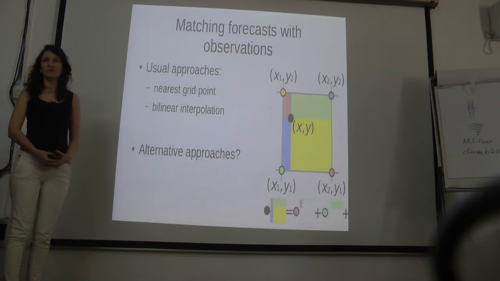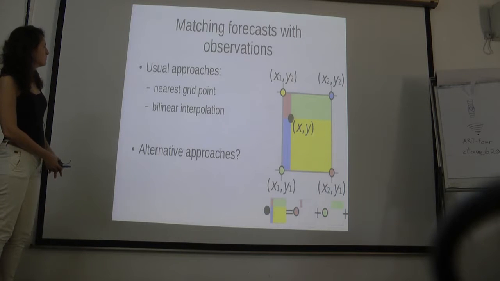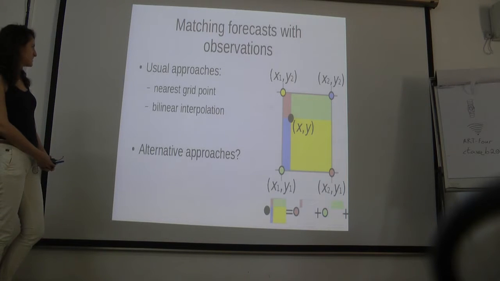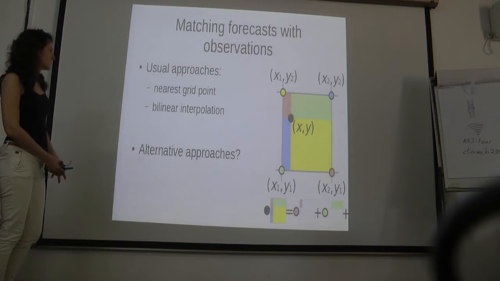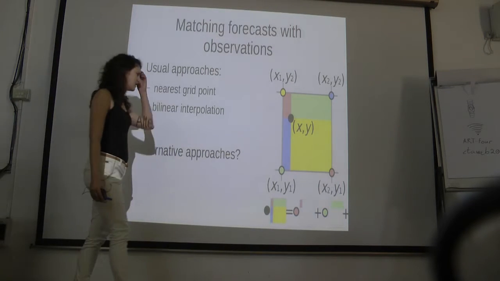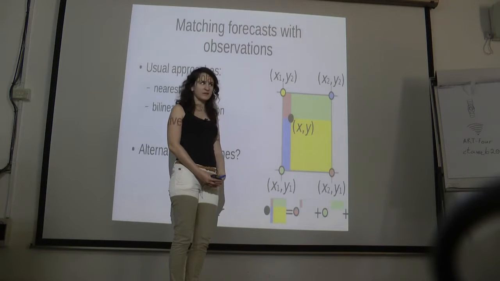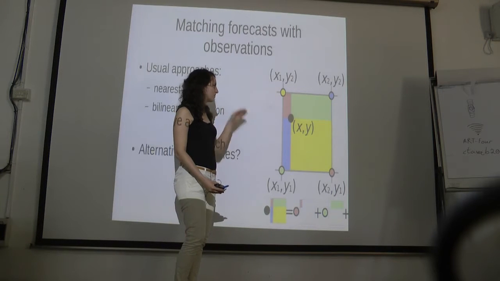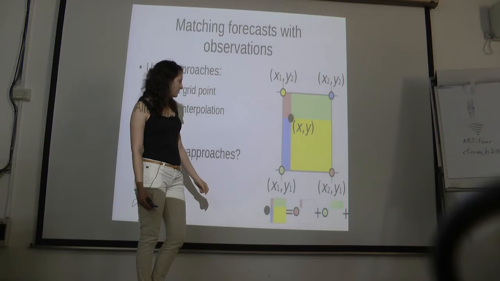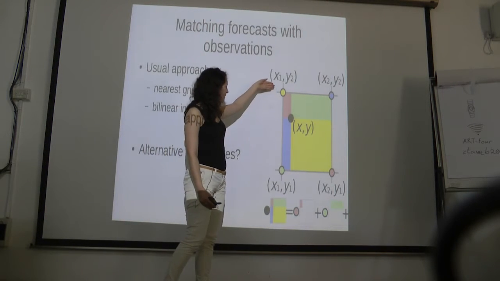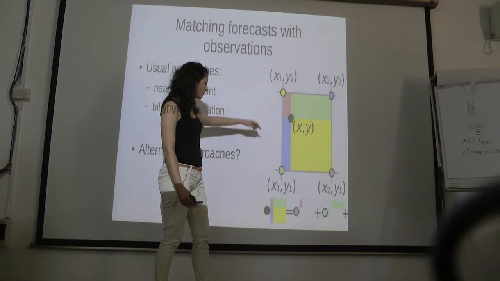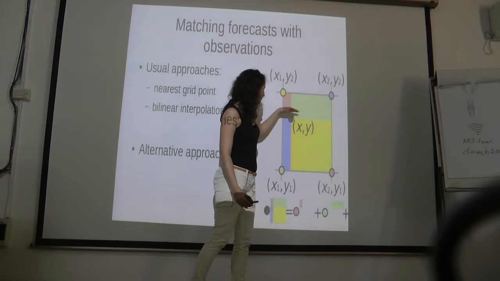Another way, I think the most common way of matching a forecast with observation, is bilinear interpolation, which is defined as a weighted average of the 4 points around your observation, and it's defined so that this point has a weight that is equal to this area.